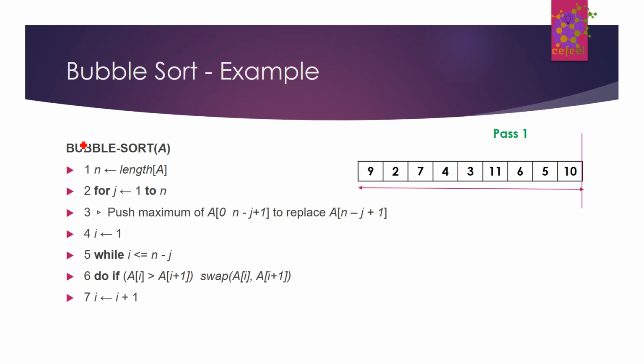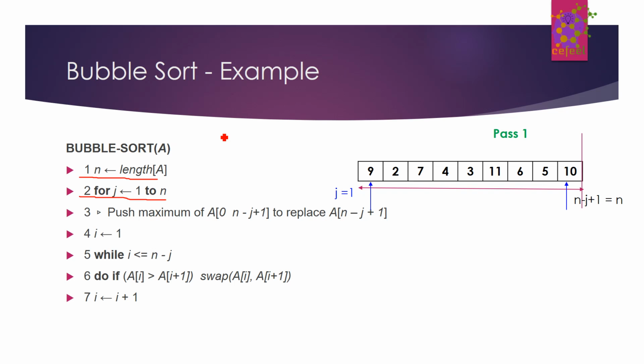This is the first pass, which is pass 1, which means j will be equal to 1 in this case. Step 1 just says n is the length of a, so I'll just ignore that. In step 2 we assign j equal to 1 to n. So in this case j starts from 1, so the first step is j equal to 1. So j now points to the first element of the array, which is 9.